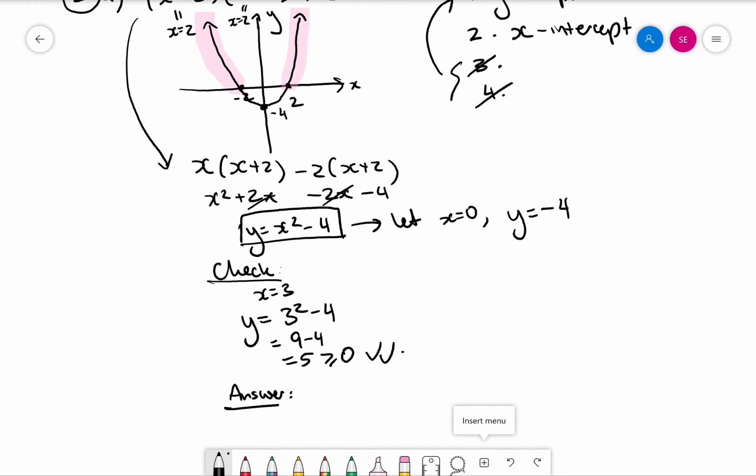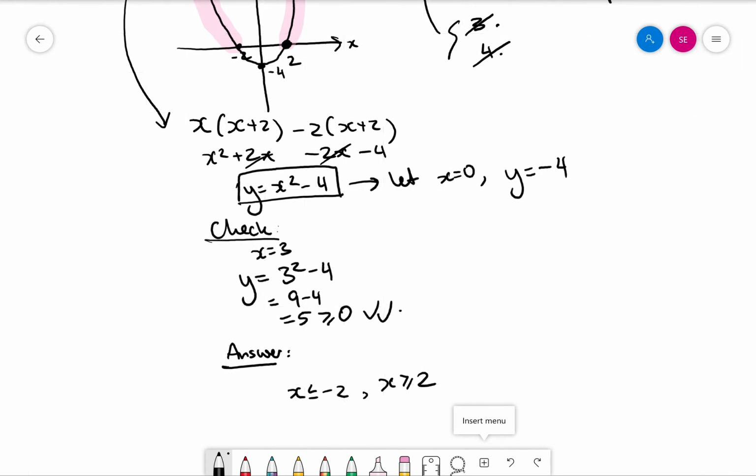Well, it's all the x values to the right-hand side of 2, including 2 as well. And then all of the x values to the left of minus 2, including minus 2 itself. So that'll be our answer.